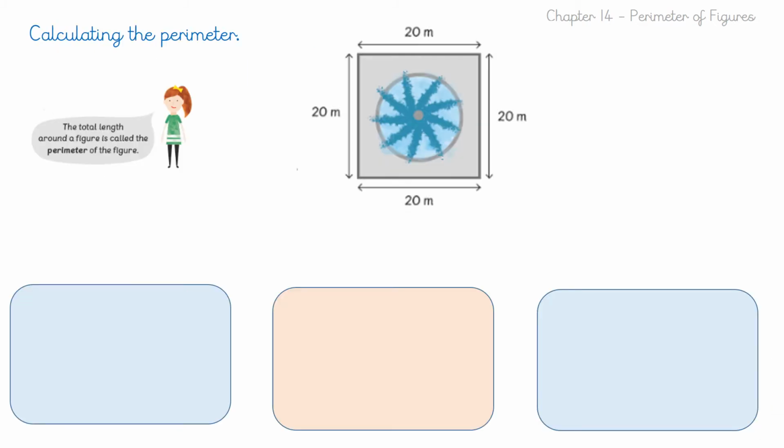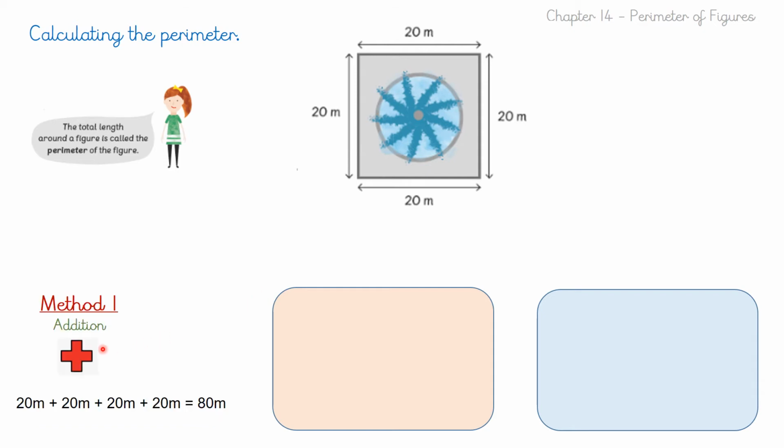Were you able to use the 3 different methods that we've just looked at to calculate the perimeter of this shape? Great work, you're doing amazingly well. So we are just going to go through them once more before we move on to the next task. So method 1, we were doing just addition, and we did 20 meters plus 20 meters plus 20 meters plus 20 meters equals 80 meters.